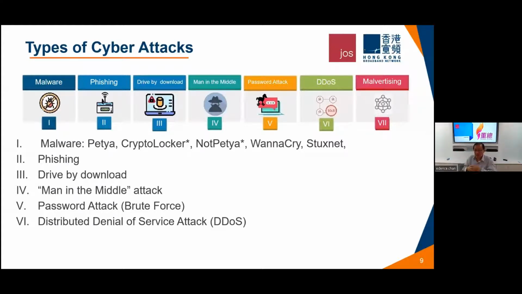The concept of a smart home where you have your heater, your rice cooker, your oven, your aircon, everything connected to the internet and controlled by the phone. And these devices have minimum or hardly any protection. So they can be easily compromised. Cyber criminals can command these devices to attack your website. This is a form of distributed denial of service attack, DDoS in short.